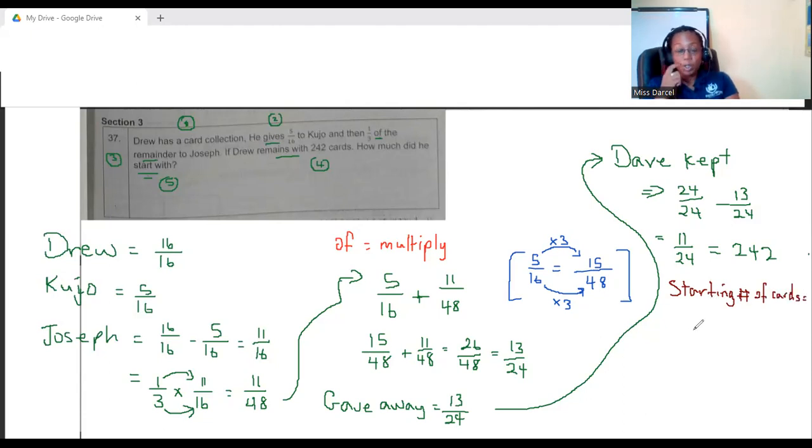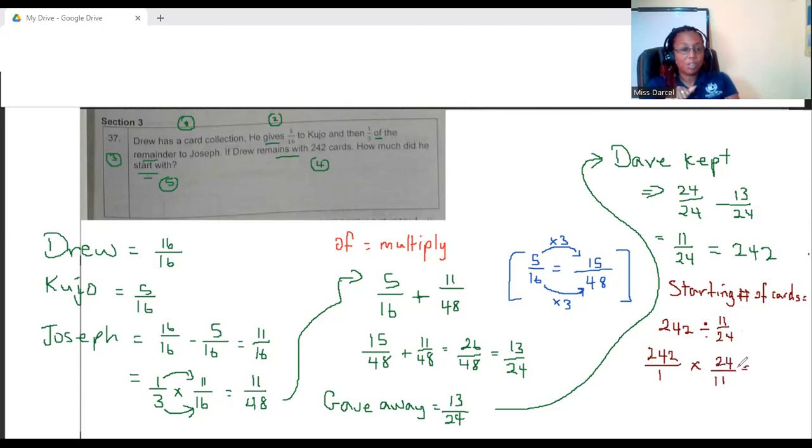Now, what do we usually do? Hopefully you remembered. So 242 is going to be divided by 11/24. When we're dividing by a fraction, we put the whole number, change the sign from division into multiplication, and flip over the second fraction. So 24/11.